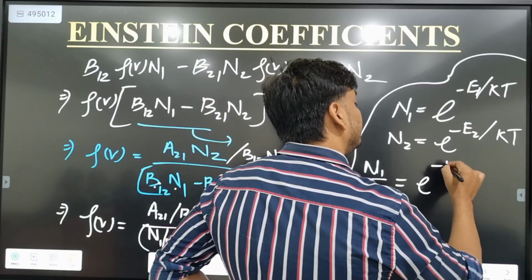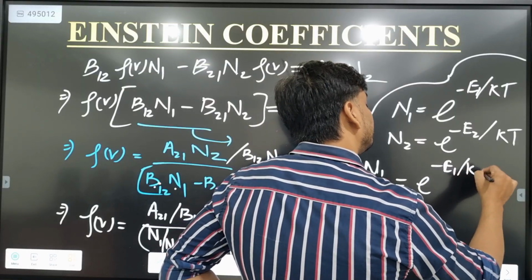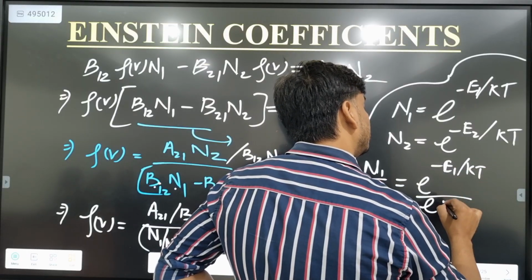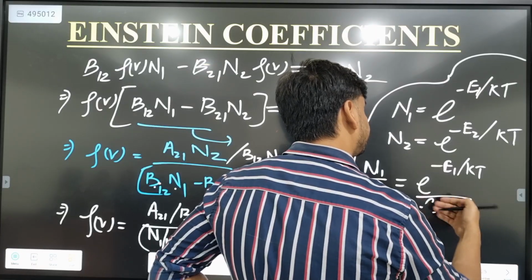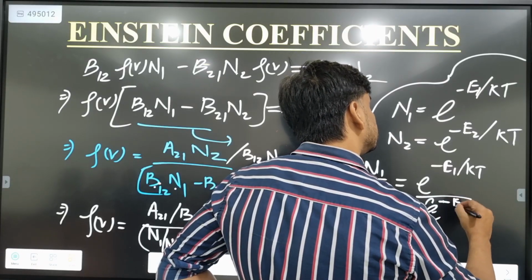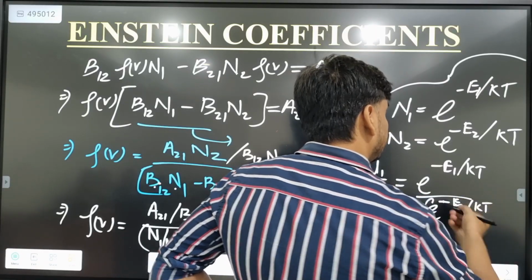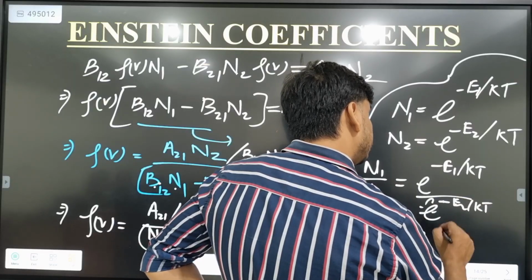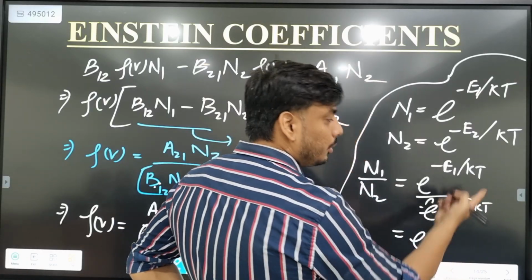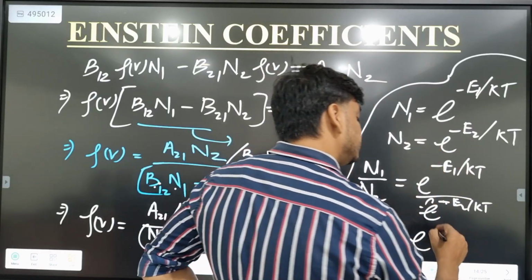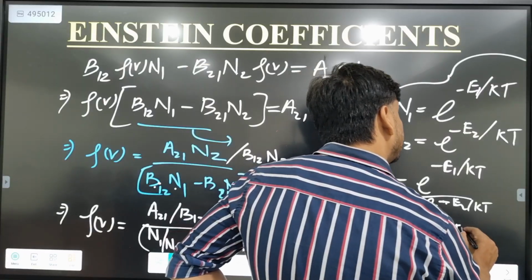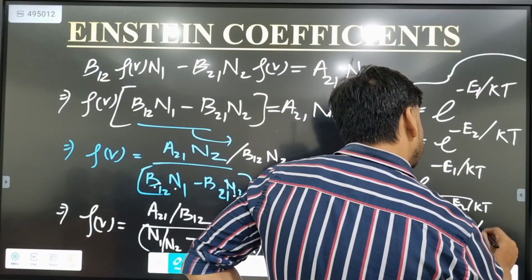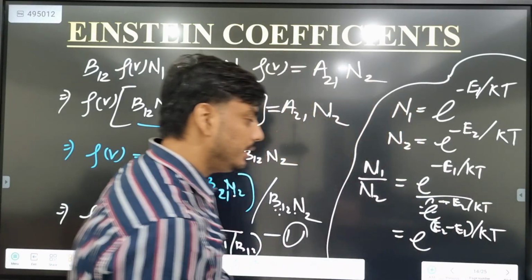Now we require N1 by N2, so if we divide N1 by N2, this will be e to the power minus E1 by kT divided by e to the power minus E2 by kT. Again, the negative goes to the upper side and becomes positive, so e to the power E2 minus E1 by kT.